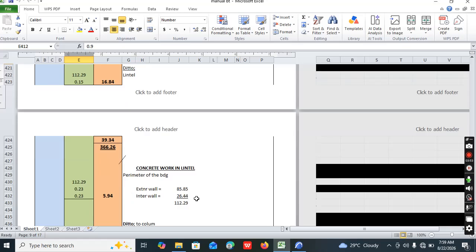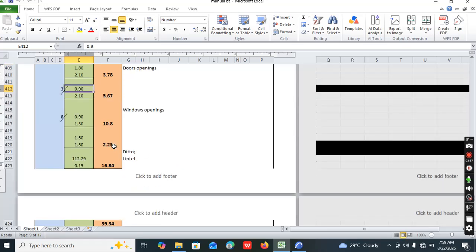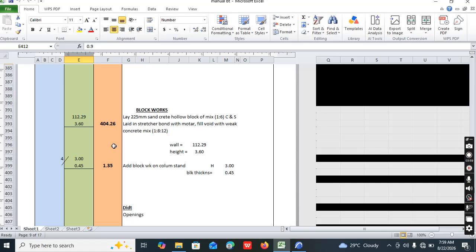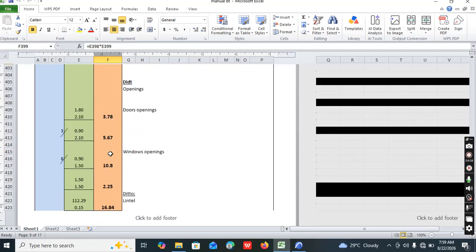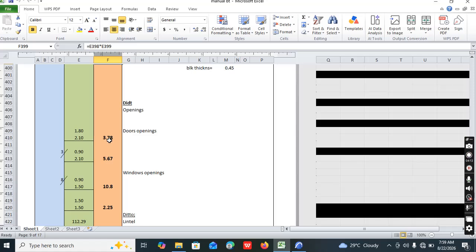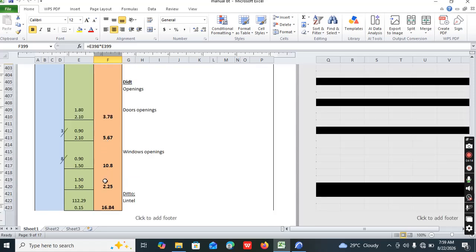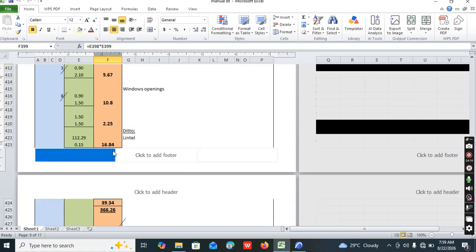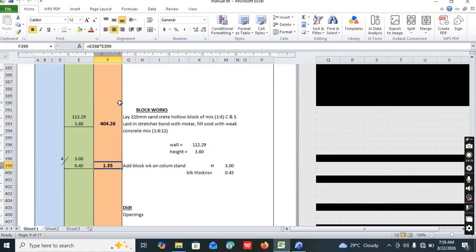After deducting this, we minus the total number we have. First of all, we add this plus this, which is the main wall that we have. Then after this, we minus these figures, these openings, from the total number that we have.